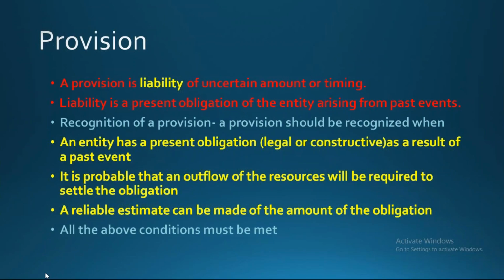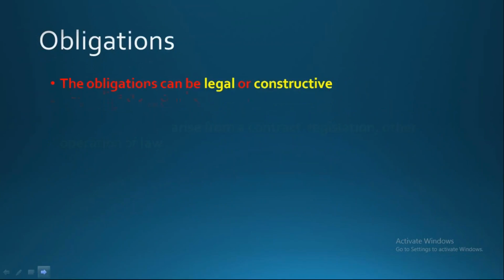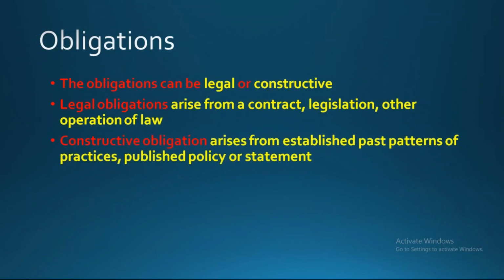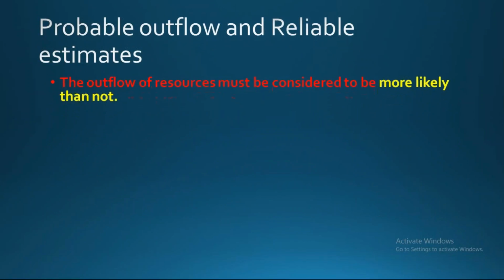So now you will agree with me, future losses are not a present obligation, and therefore we don't need to make any provision in our financial statements. Okay. So legal or constructive. Probable outflow and reliable estimate must be considered to be more likely than not.